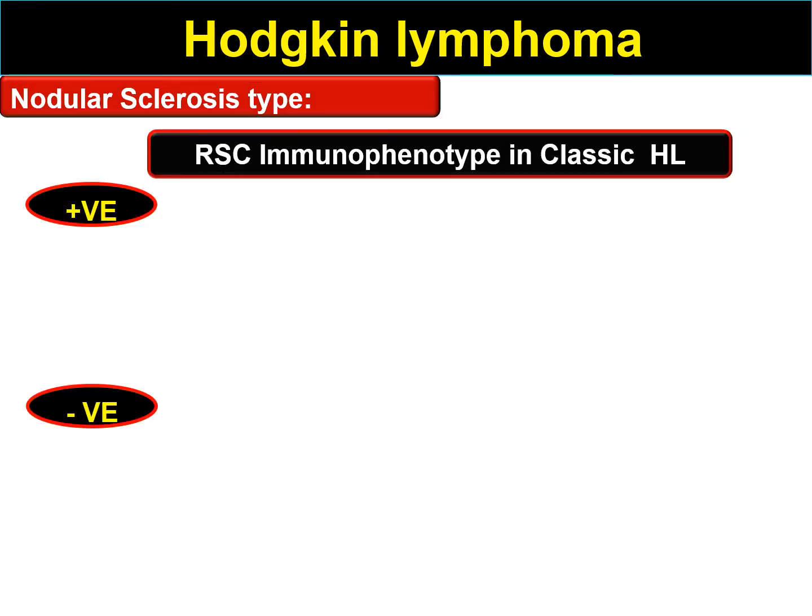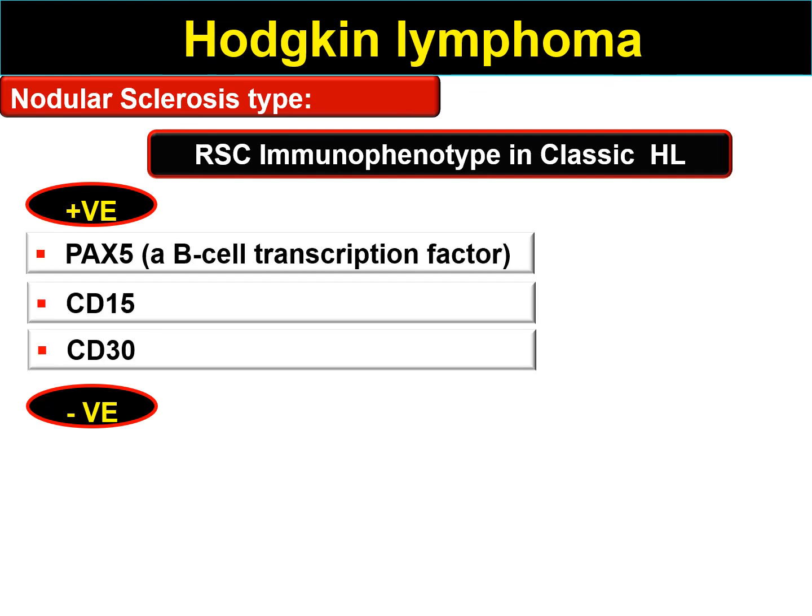As we have seen in the diagnostic criteria for Hodgkin lymphoma, the immunohistochemical profile is important, and it is specific for both the classical and non-classical types of Hodgkin lymphoma. In all four types of classical Hodgkin lymphoma, PAX5 is positive.